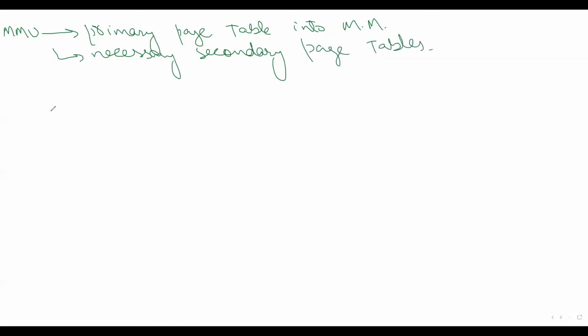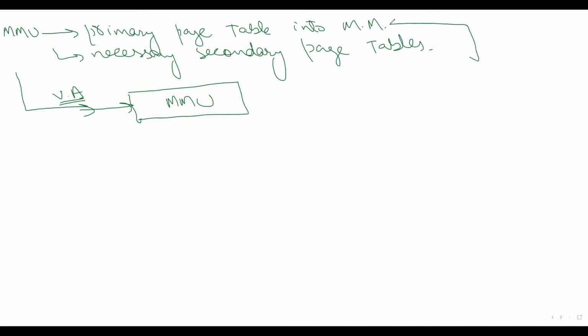Okay. Then whenever my processor sends a virtual address, this virtual address goes to the memory management unit. What this memory management unit does, it first finds the primary page table of this particular process. And how will it find this primary page table? Basically, this primary page table is stored in primary memory.